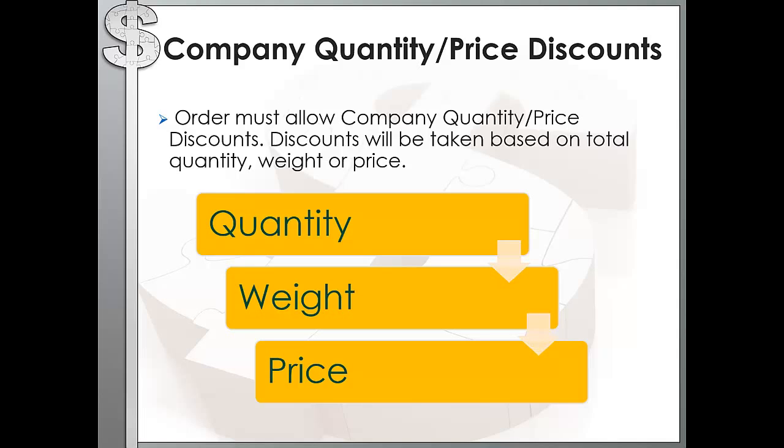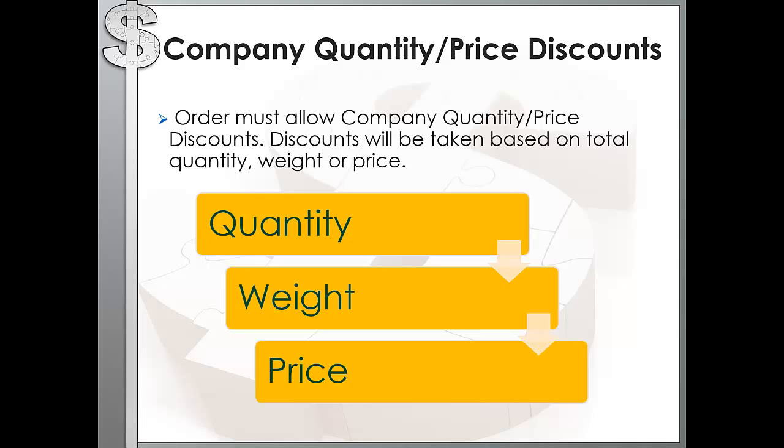Don't get this confused with the quantity discounts that are in the item pricing file maintenance. You can actually use this table that's in the company file from item pricing file maintenance. There are just some rules that you have to follow, and that's beyond the scope of this webcast. If you have questions about that, please give us a call. I just wanted to let you know that this is another option. I don't think that a lot of customers know about it, so I thought I'd bring it up here.